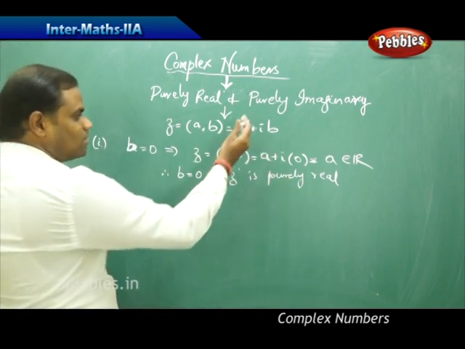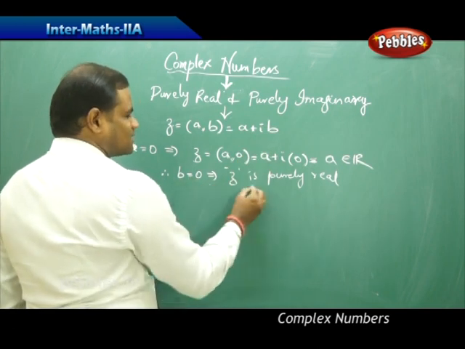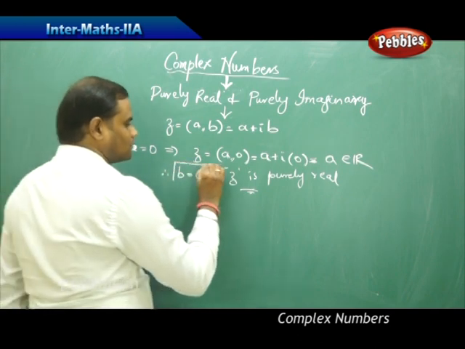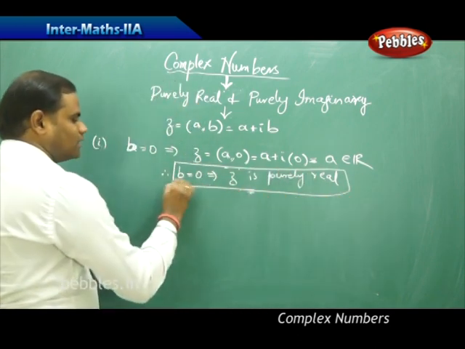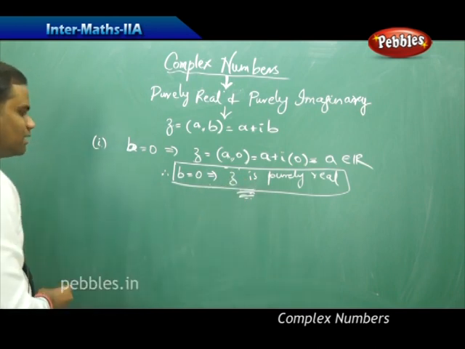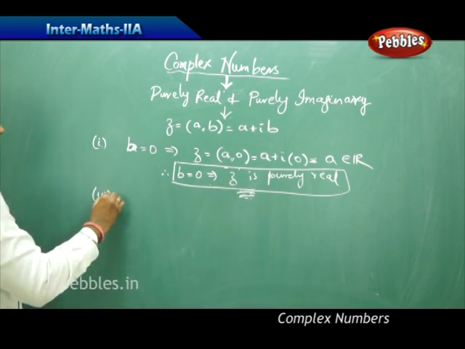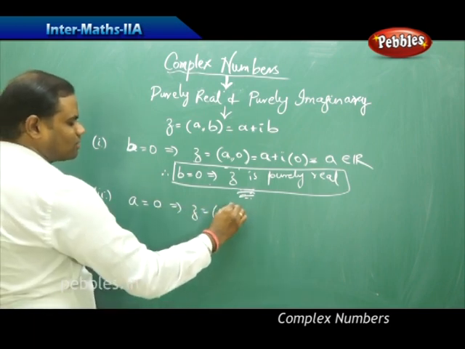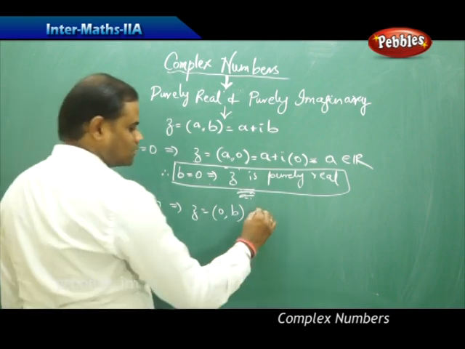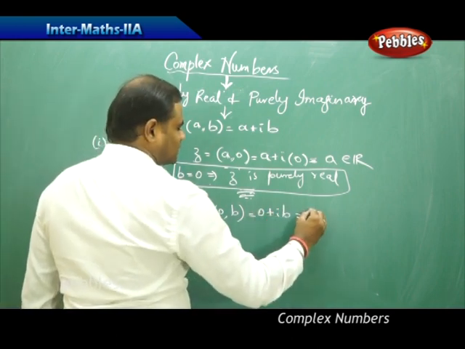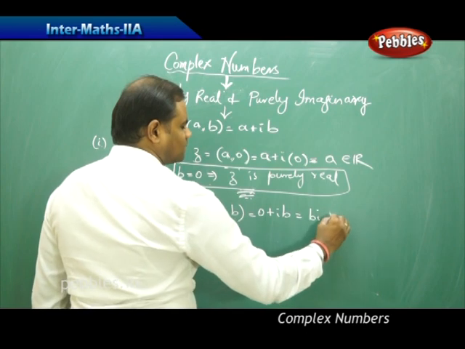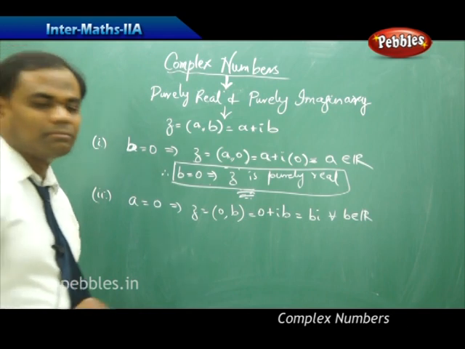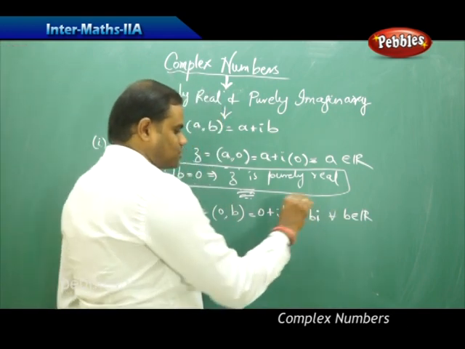That means when the whole of b vanishes, z is called purely real. Similarly, let's see what happens when a is 0. Then z would be (0, b), which is 0 plus ib, that is bi, for all b belonging to R. Now this is purely imaginary because there is no real part attached to it.